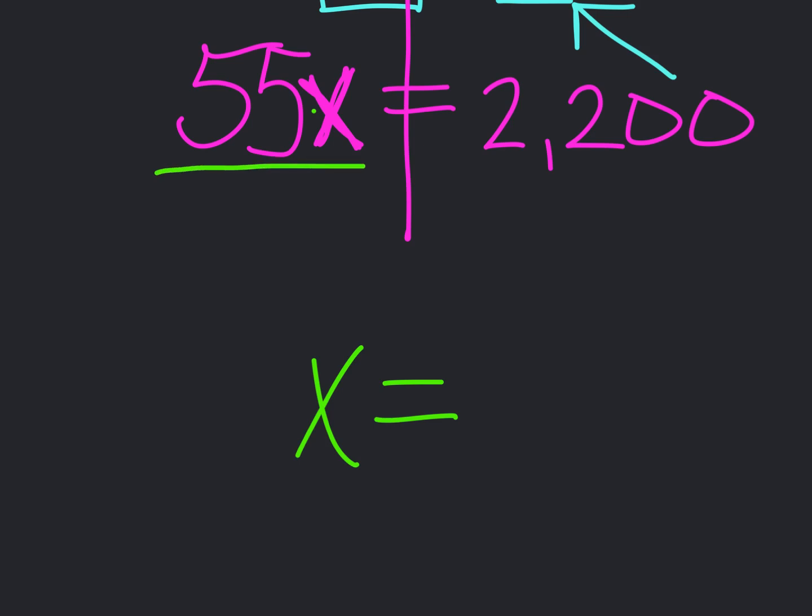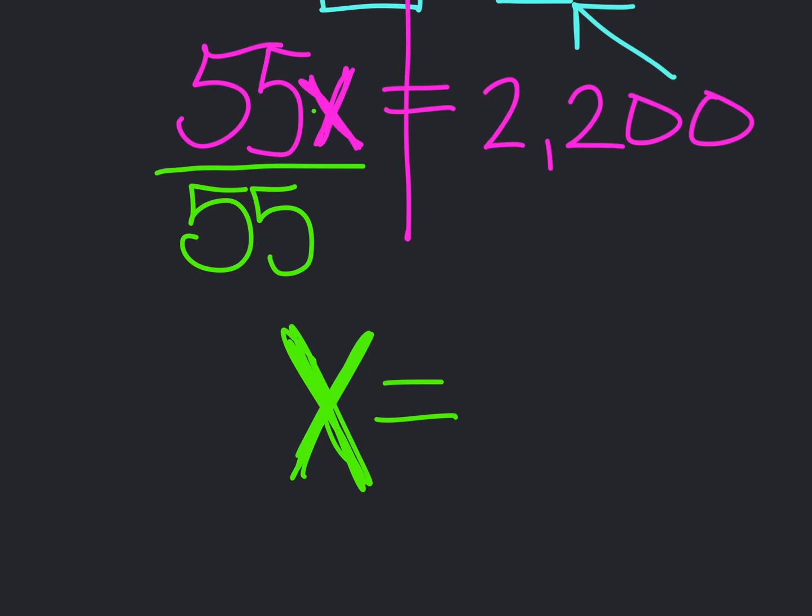I'm multiplying by 55, so the opposite is to divide by 55. Cool. And if you think about it, any number over itself is the same thing as 1, right? So 55 over 55, or 55 divided by 55, is 1. That gives me 1x. Well, guess how else you can write 1x? Just x.